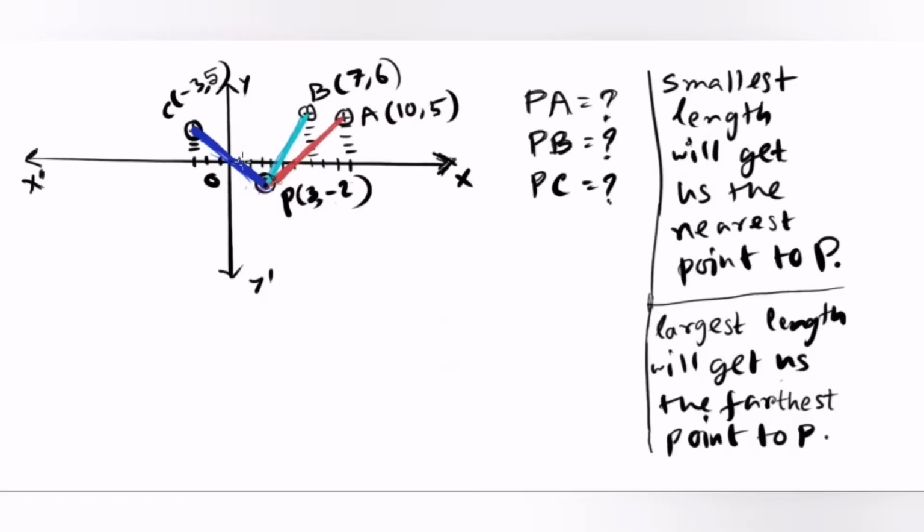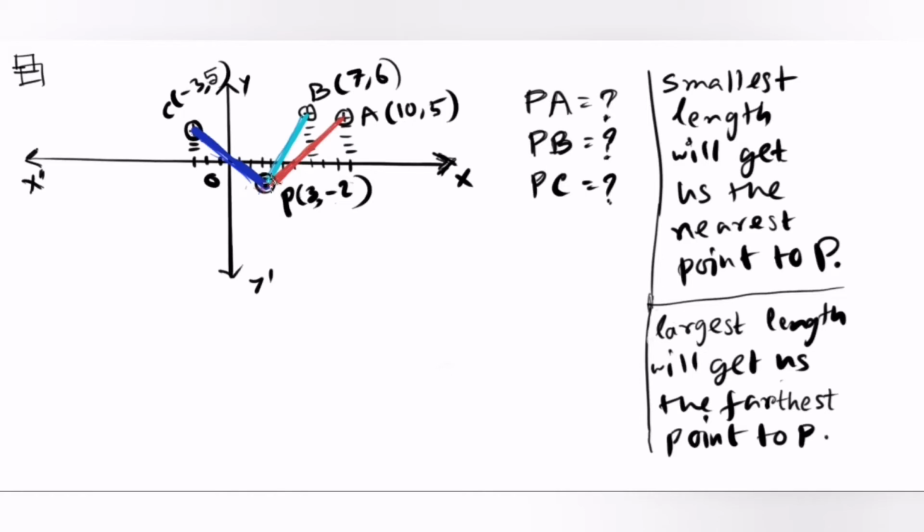Now one question we are going to practice here: if someone is asking about any specific point, that can be P, is it closer to A, B or C, another three points, or from which one it is farthest located. So how to determine it? We have to do a simple thing here.